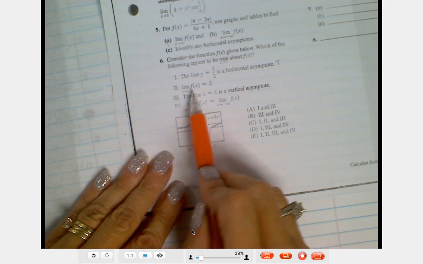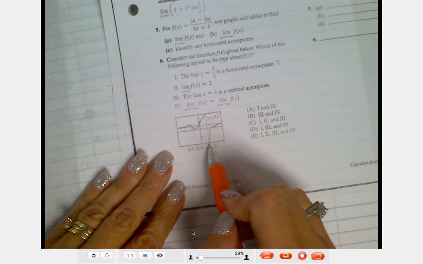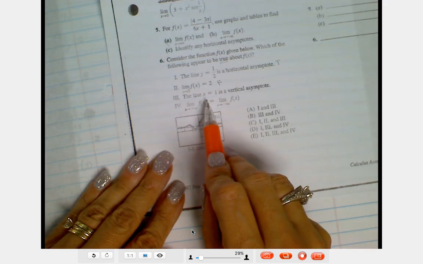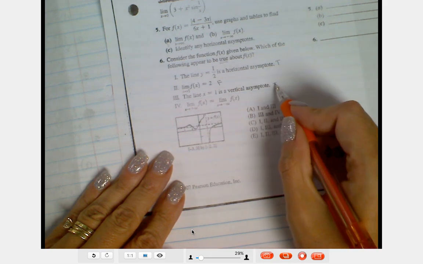The limit as x approaches 2 is 2. I see a vertical asymptote there, so I'm going to say that one is false. The line x equals 1 is a vertical asymptote. Yes, that one is true.